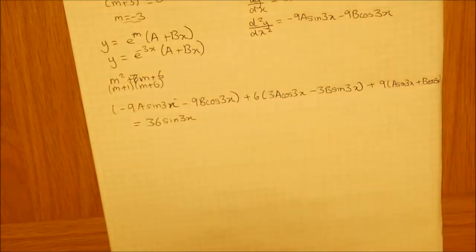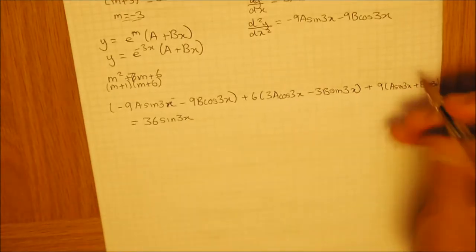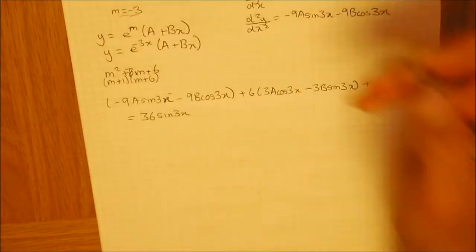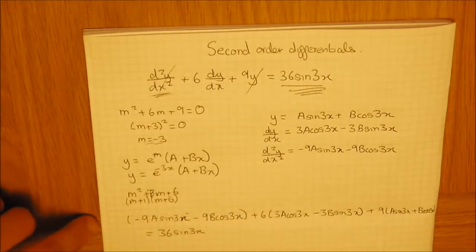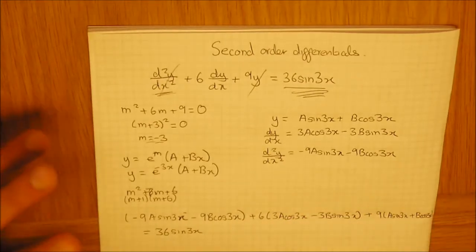As you can probably guess, we have a minus 9a there and a plus 9a there, so some things cancel. We can basically ignore the stuff for the y and the stuff for the d2y by dx squared. As you can see, I've drawn a slash through it, simply because minus 9a and 9a will cancel and minus 9b and plus 9b will cancel.